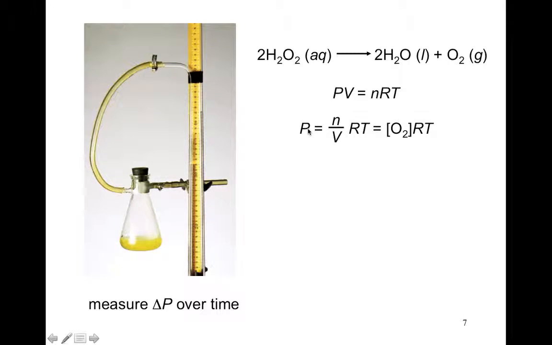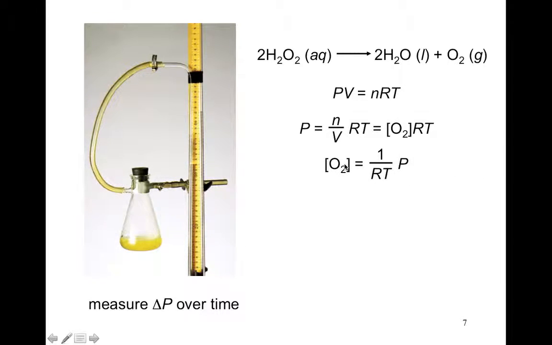We rearrange it to solve for P, and then we say, okay, n over V, that's moles over volume. Moles over volume is like moles over liters, which is molarity. So we go ahead and take that out and we put in concentration. So pressure is equal to concentration of oxygen times the universal gas constant times the absolute temperature in Kelvin.